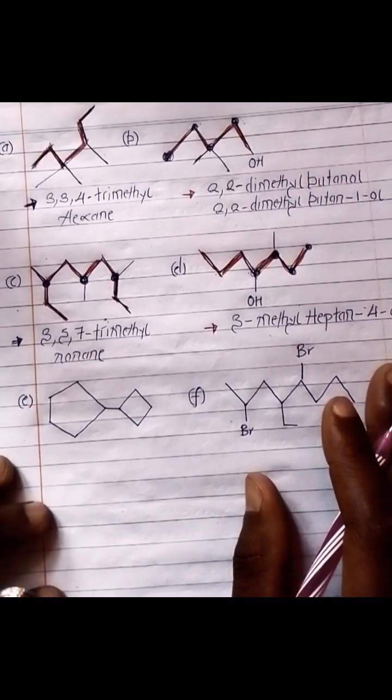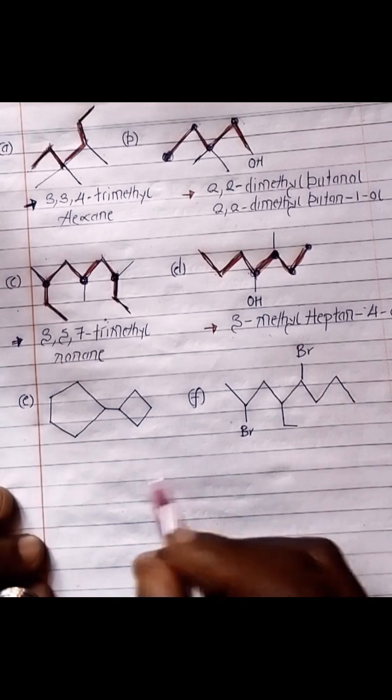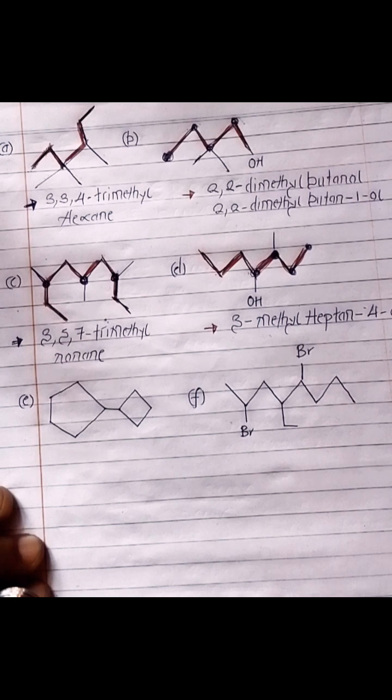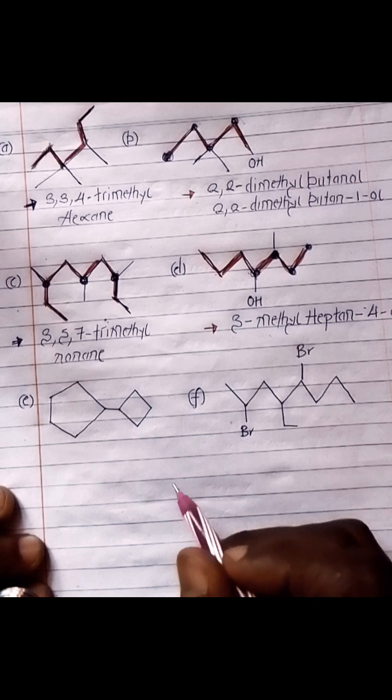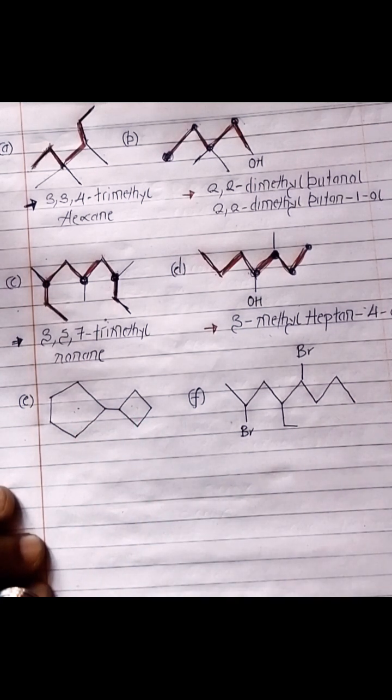So now let's look at the next question. When we look at the next question, we have this situation where you have 2 rings. This one might look complicated when you start working it out, but it's actually very, very simple. All you need to know is that when you have 2 rings, find the parent chain. The first step is still the same, right?